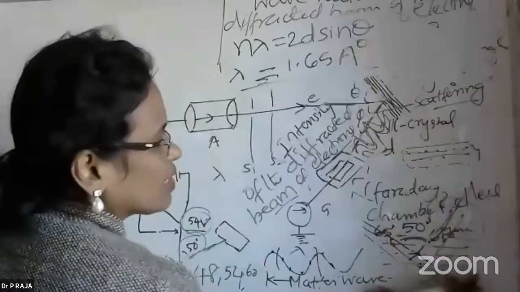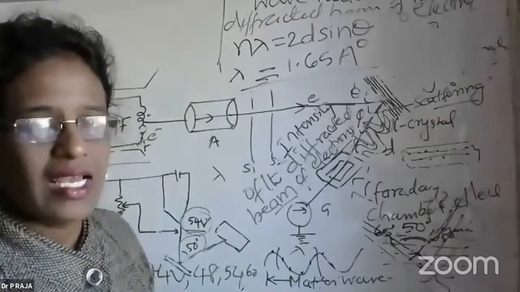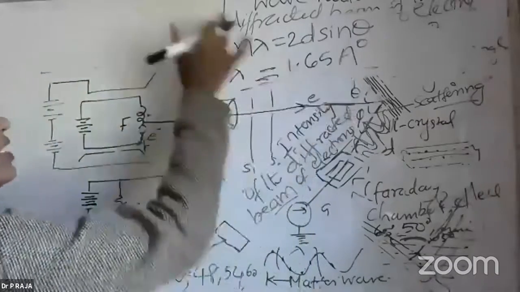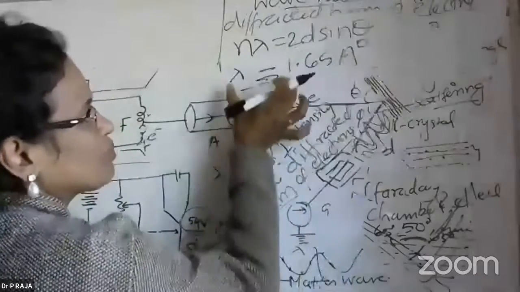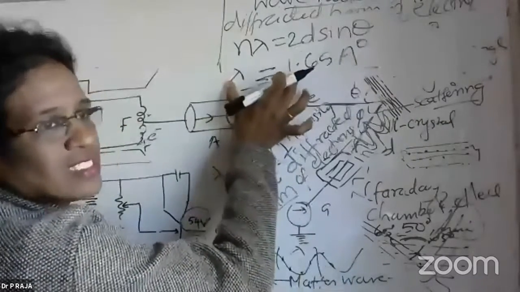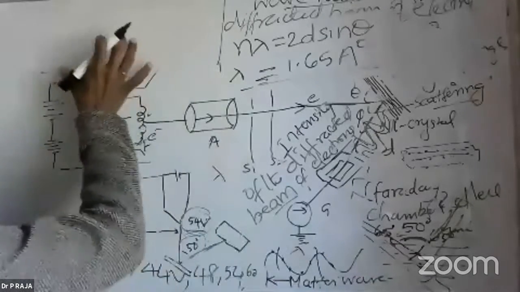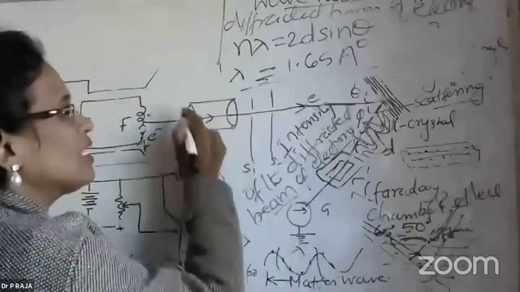That was the experimental proof that Davisson and Germer did. They also have to prove the particle nature. The electron beams are coming out as a wave with a wavelength of 1.65 Armstrong.